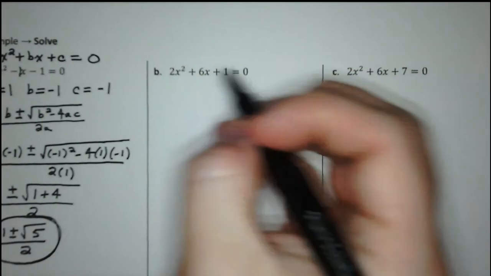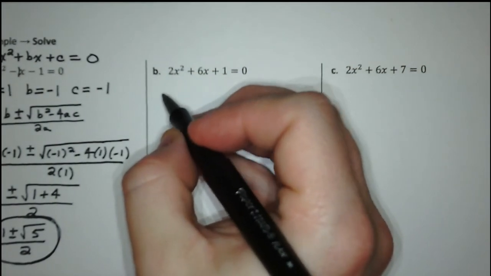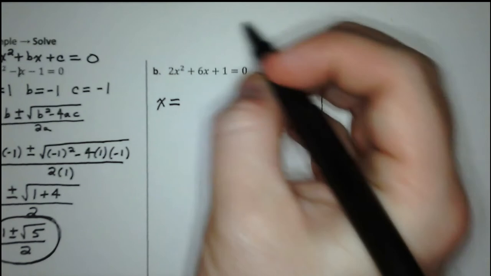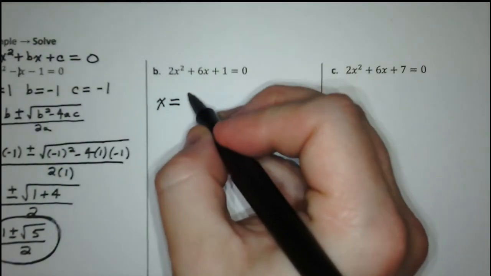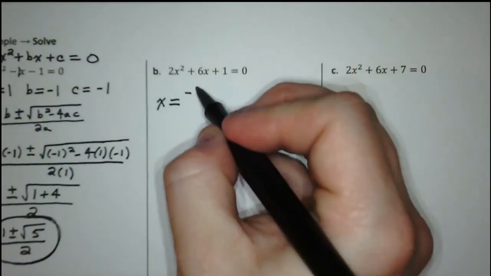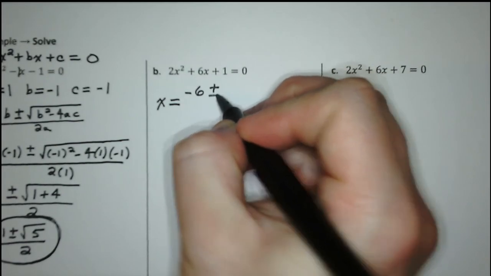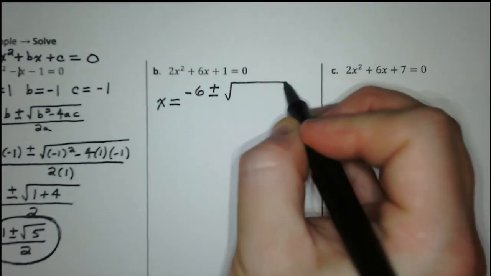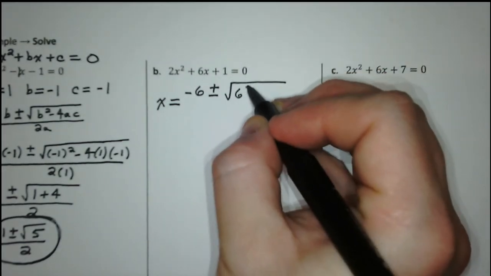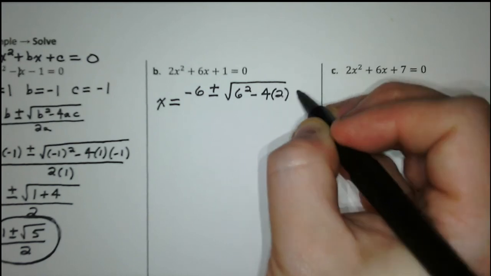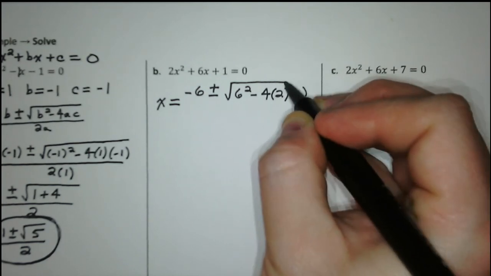Here we go. Example B. Now hopefully this stuff goes a whole lot faster. X equals negative b. B is 6. Plus or minus square root of b squared minus 4 times a times c.